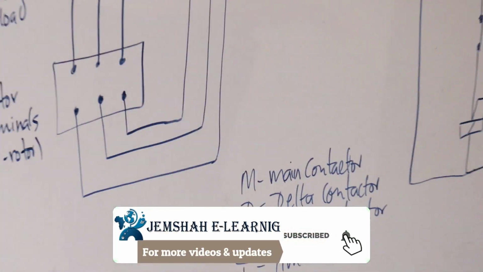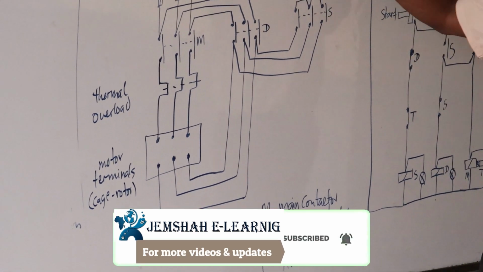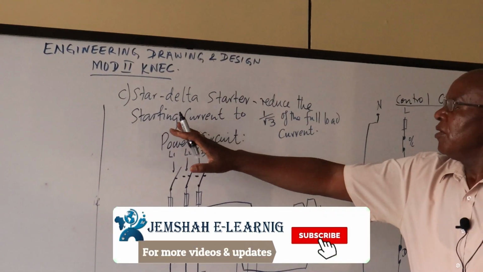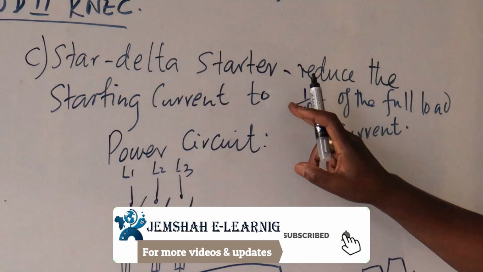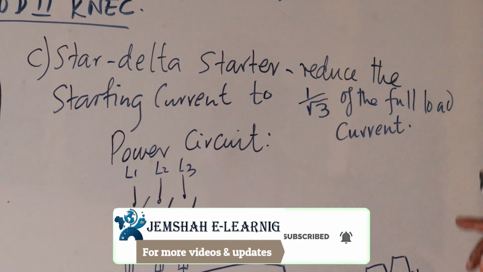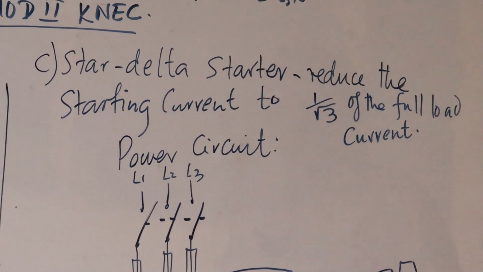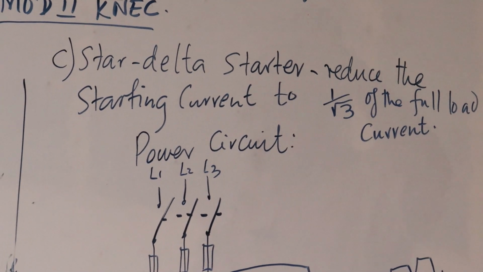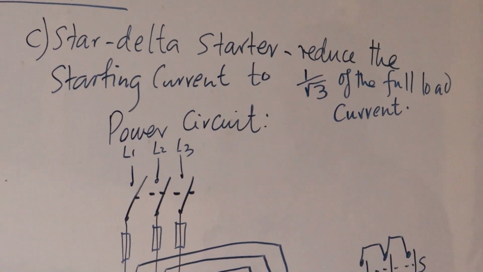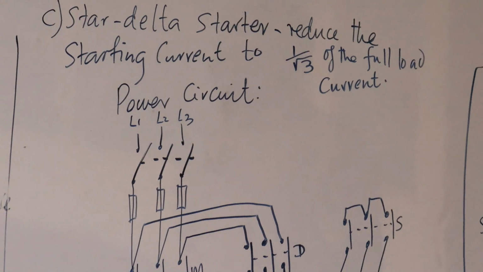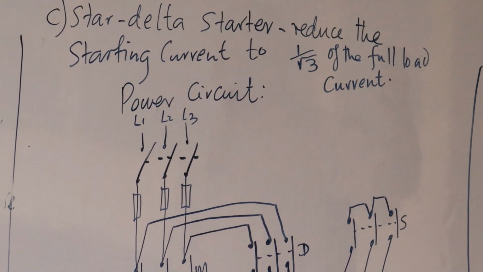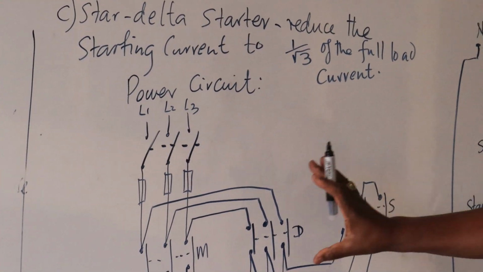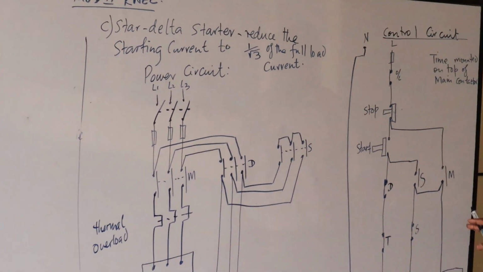So the star delta connection in this method here, normally the circuit will reduce the starting current to 1/√3 of the full load current, 1/1.732. It comes to about 0.577, less than half, I think. So I've drawn the power circuits and the control circuits.